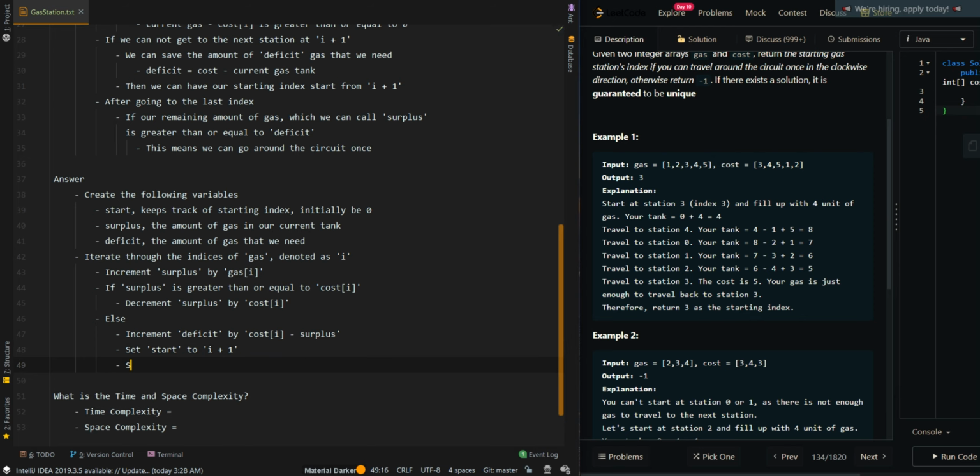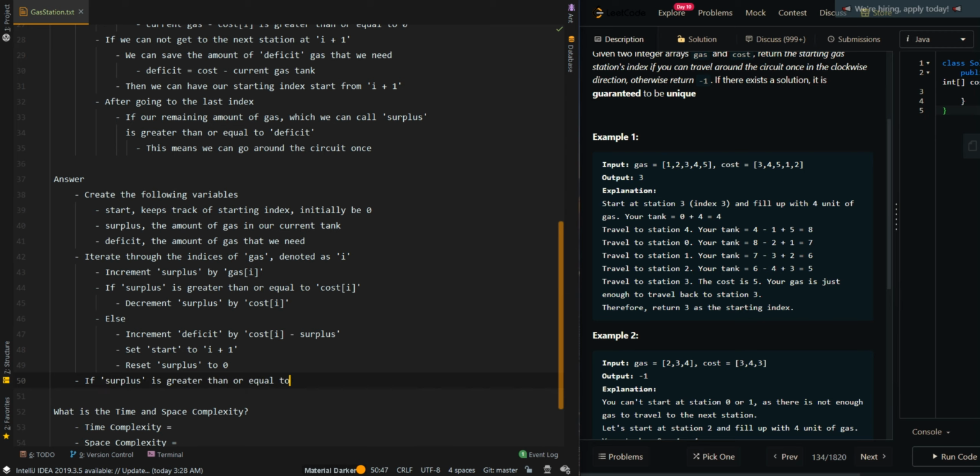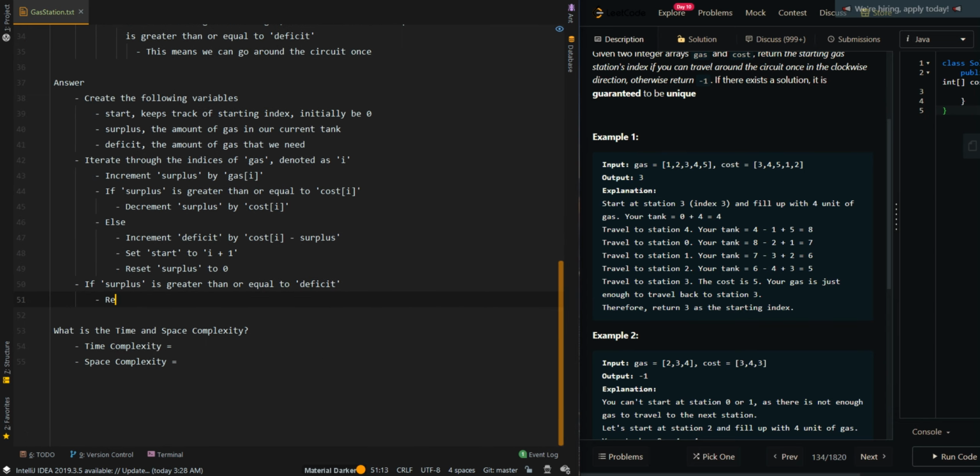Then we reset our surplus to 0, which means resetting the current amount of gas in our gas tank to 0. Now, if surplus is greater than or equal to deficit, this means we can go around the circuit once, so we return the starting index. Else, we cannot go around the circuit once, so we return -1.